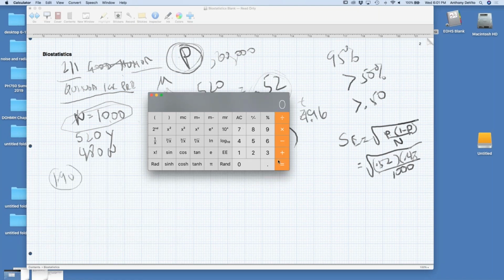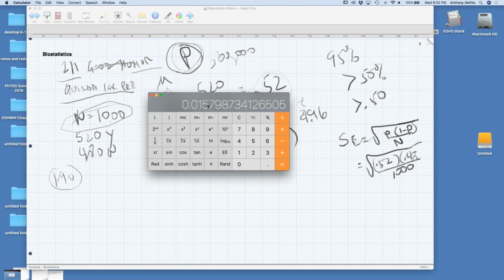Okay, now I'm going to say 0.52 times 0.48 equals this, divided by 1,000 equals this. It comes out to really small numbers, but notice this: when I have fractions, I take the square root, it gets bigger. It's going to be 0.0157.